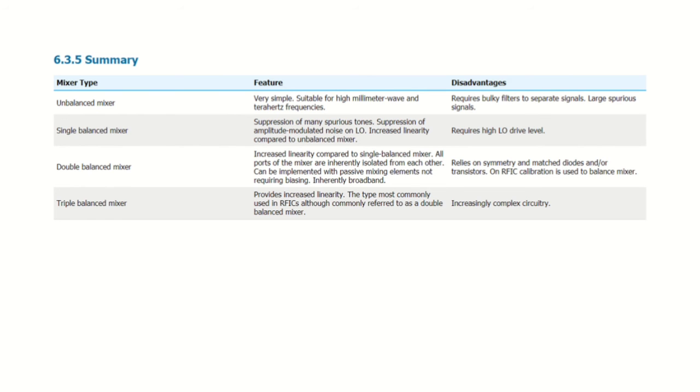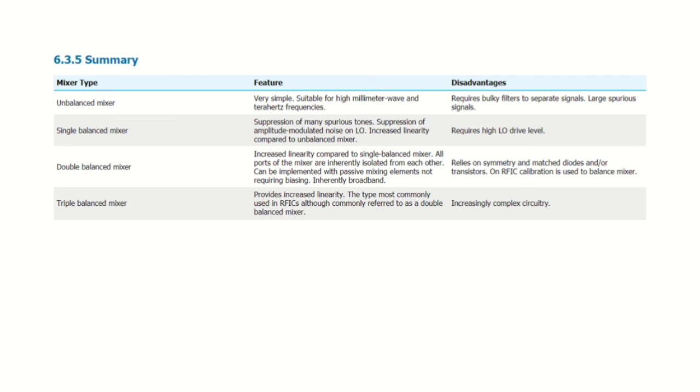So this is the summary of all the mixers that we discussed. For example, the unbalanced mixer, its features are that it is very simple and suitable for high millimeter wave and terahertz frequency. However, the disadvantages are that it is bulky, due to the filter, and has large spurious signals, which are unwanted signals.